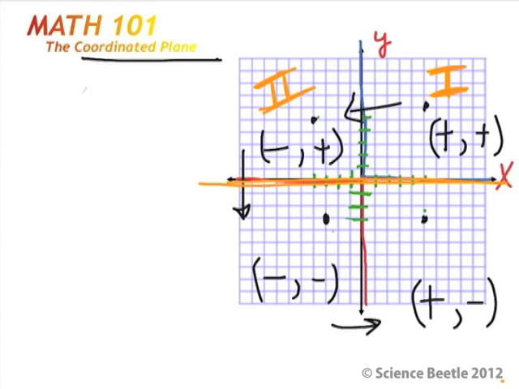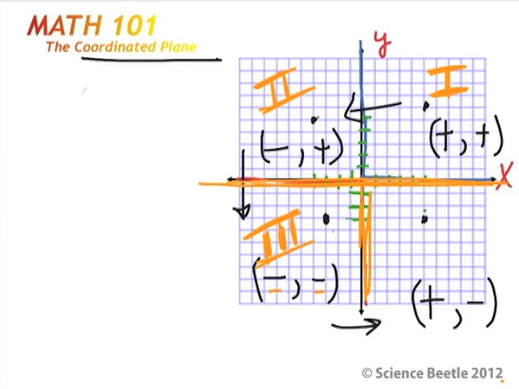And moving down to the third section, so here's section 3. The numbers in this section are going to be negative and negative. Again, because they are below the 0 line here for the y-axis, and they are to the left of the x-axis. So all numbers are going to be negative, negative.